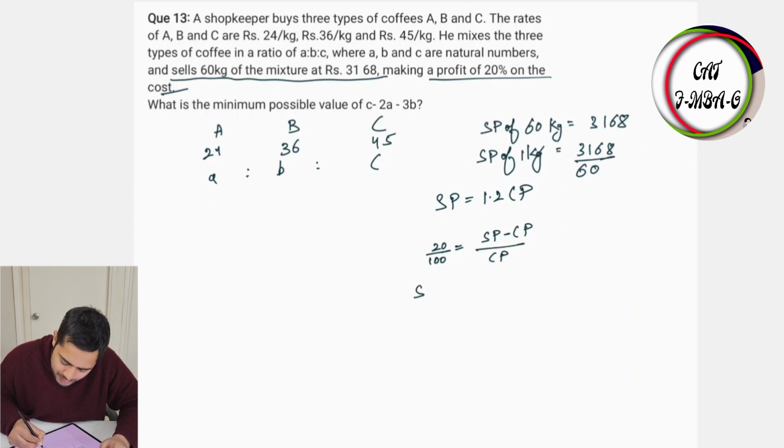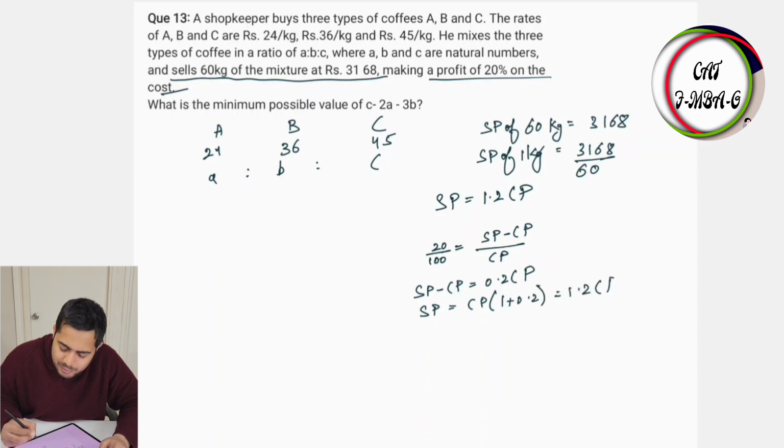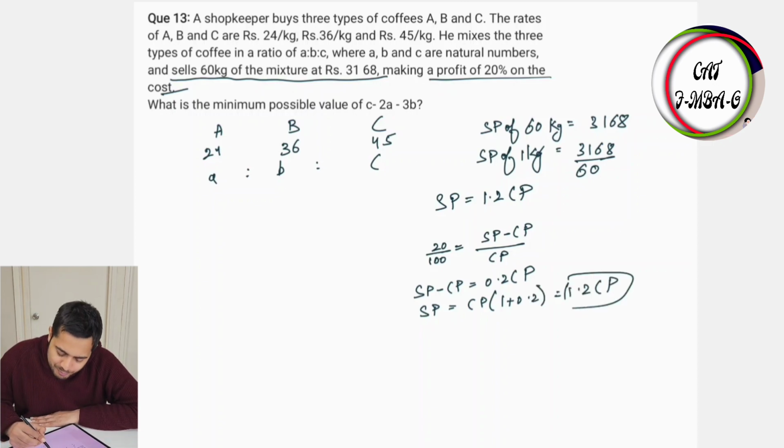So selling price minus cost price is equal to 0.2 cost price. So selling price is equal to cost price times 1 plus 0.2, which is 1.2 times cost price. Simple formula.